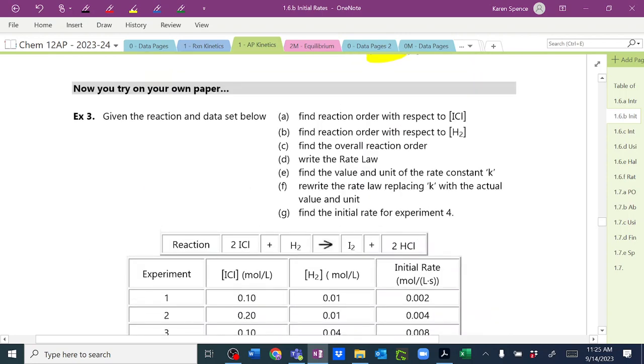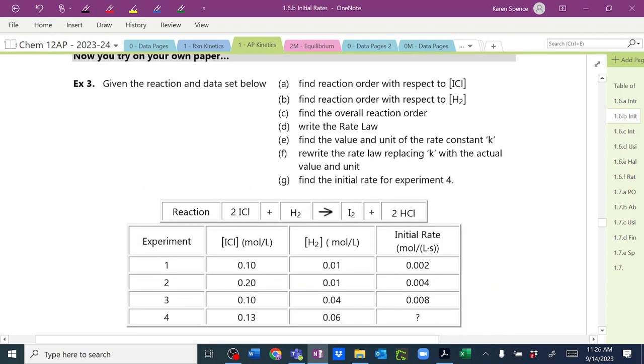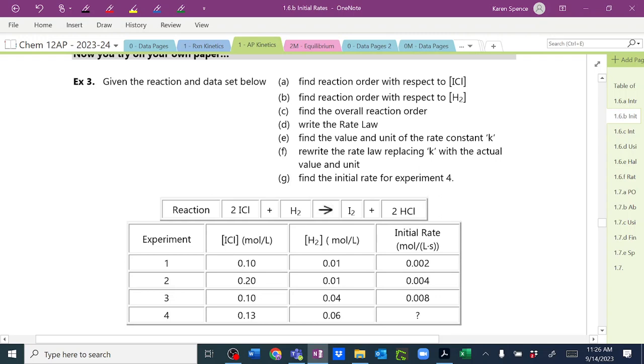How about you guys try example 3 for fun? Because that looks like fun.